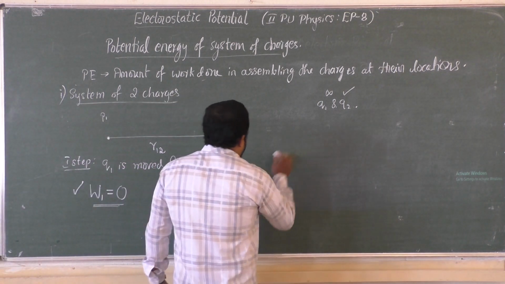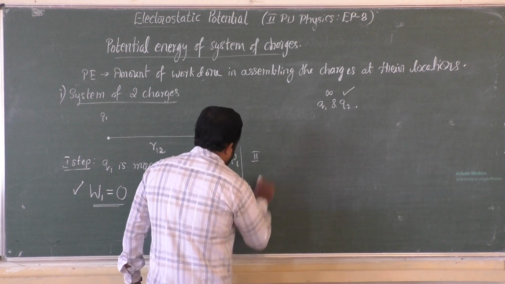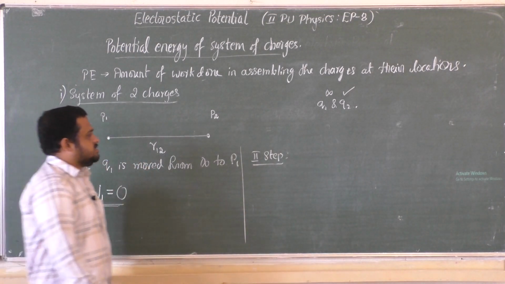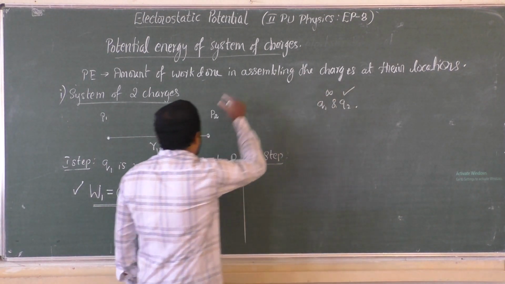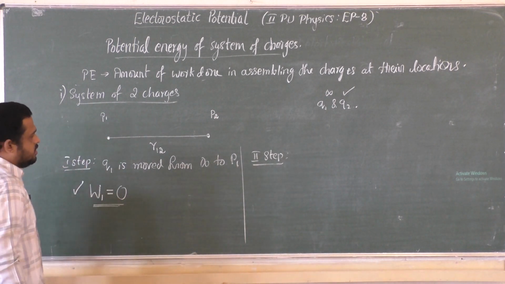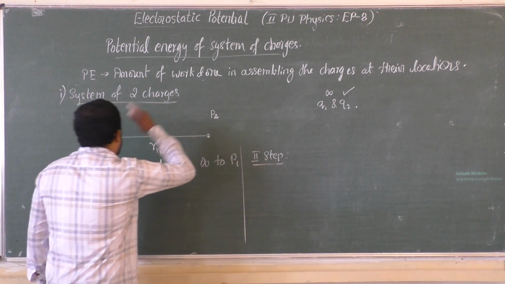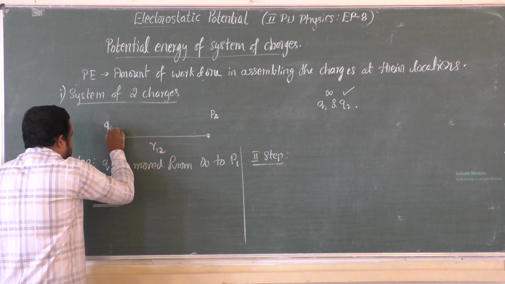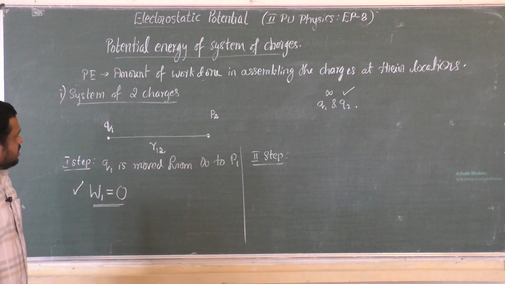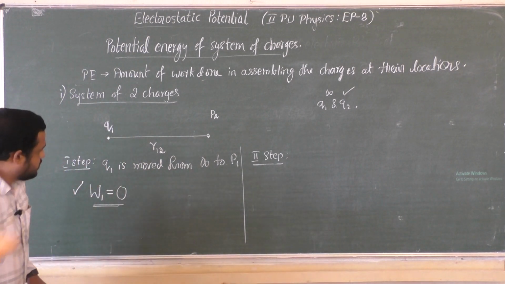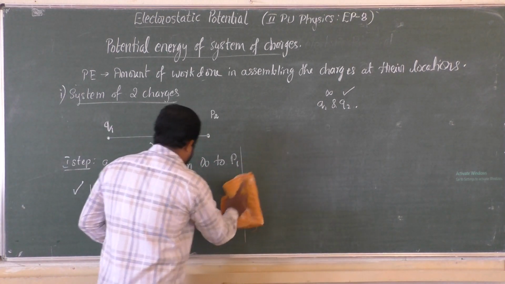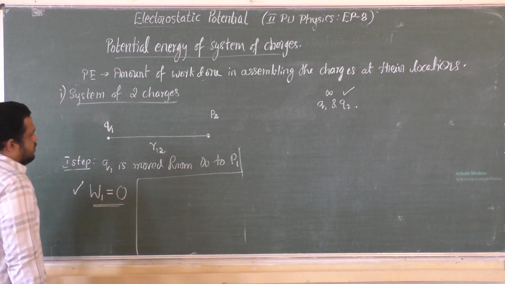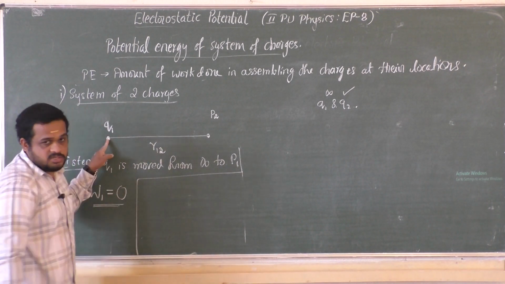Next, if you consider the second step, what is the second step? Second step is shifting the charge Q2 from infinity to point P2. Now, at the end of first step, we already shifted charge Q1 from infinity to point P1. Now Q1 is placed at P1, and Q1 is a charge.